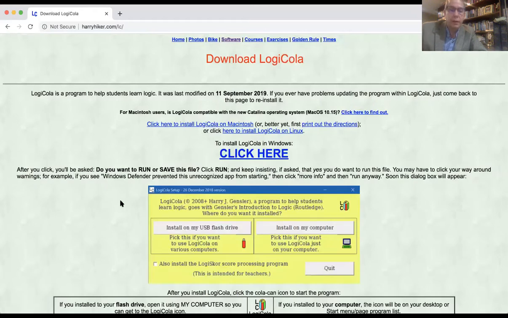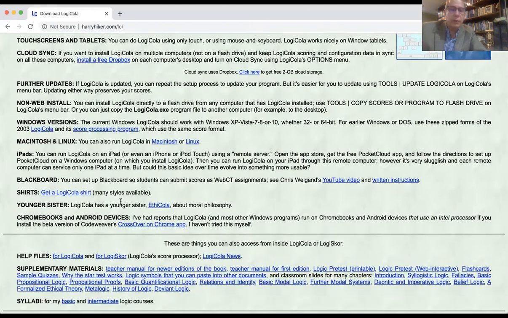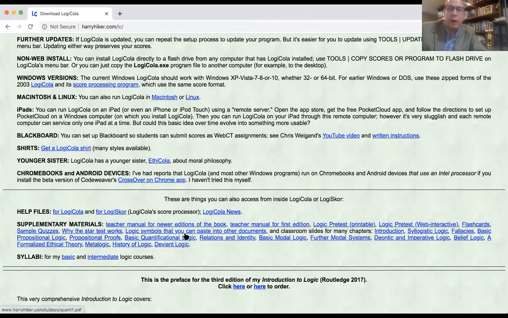Here it is. And on the page that gives you the Logicola download, at the very bottom, if you're interested, there are sets of slides that you can practice with, and there are also some flashcards and other supplementary materials to help you to learn the basic symbolism and how to use it and so on.